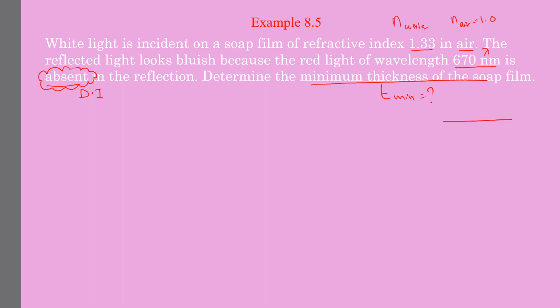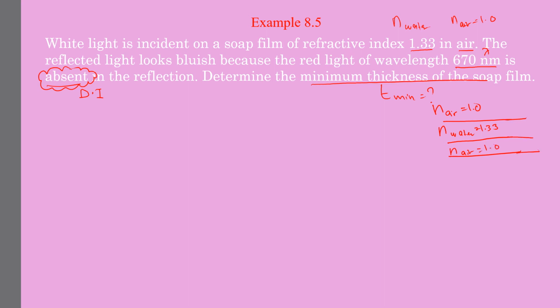Okay, so thin film, a soap film. So the first layer we have air equal to 1.0, and then the second medium water 1.33, and then air again 1.0.